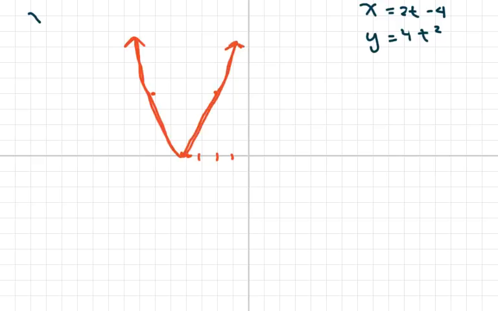Now what we have to look at is the orientation. So we're looking at t when you're plugging in values for t. So if you plug in -2 here, we're going to get x is -8, and y is 4 times 4, which is 16.